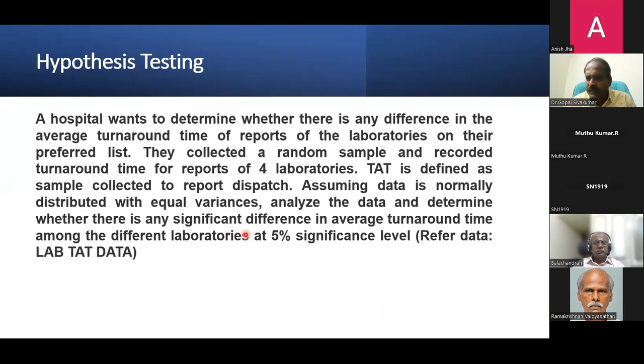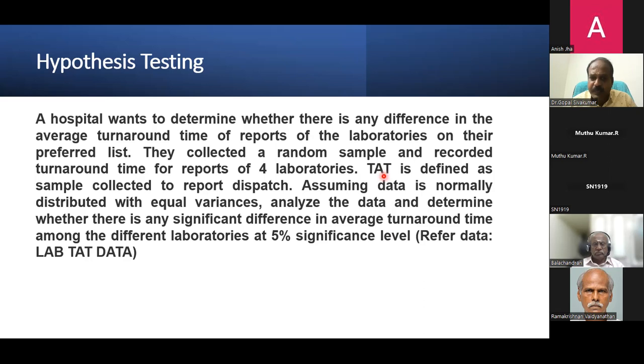And this problem, you remember, I already discussed. There is a hospital with 4 laboratories, and the performance is measured using the turnaround time. You need to study the 4 laboratories and conclude whether one of them is performing significantly different from the others. What is the test you need to do? ANOVA. Turnaround time is continuous data.